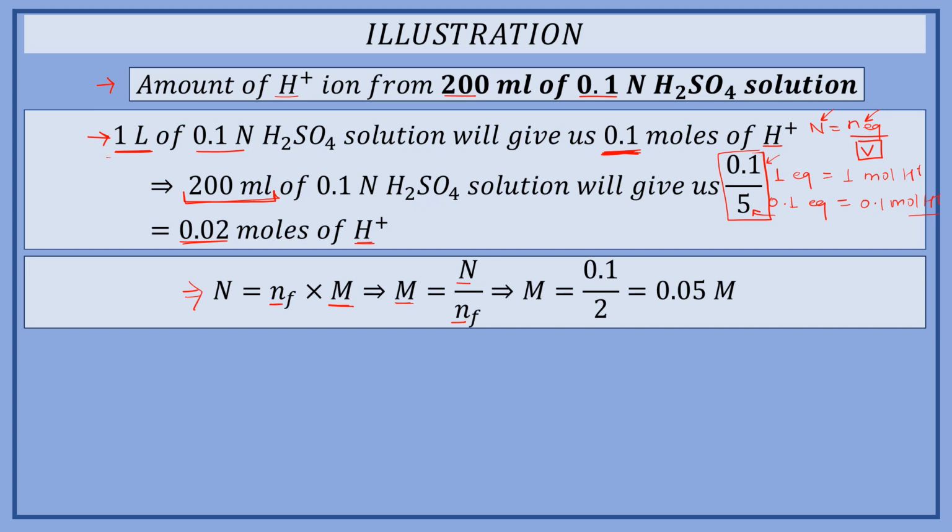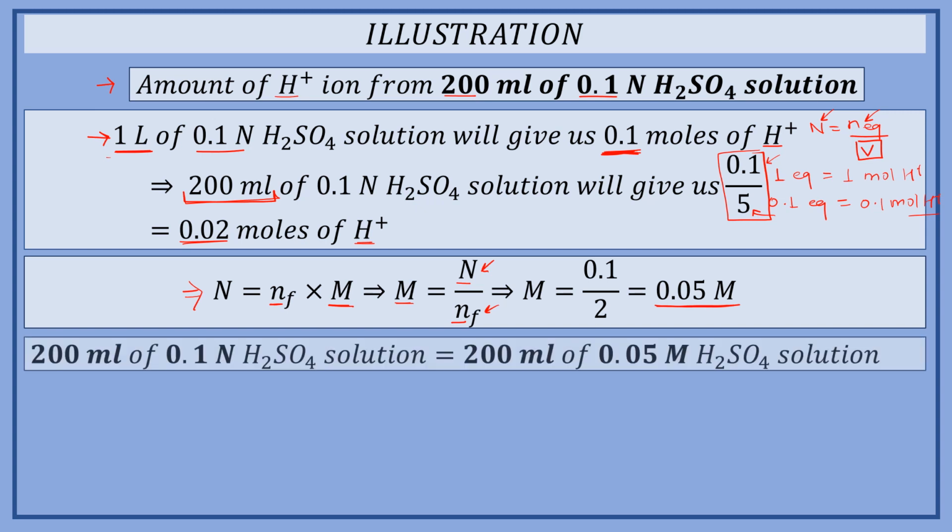Putting the value of normality and n factor as per the question, we can calculate the molarity of the solution as 0.05 molar. So, saying 200 milliliter of 0.1 normal H2SO4 solution is the same as saying 200 milliliter of 0.05 molar H2SO4 solution.